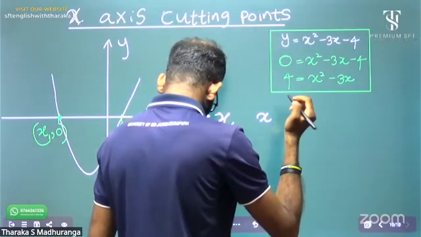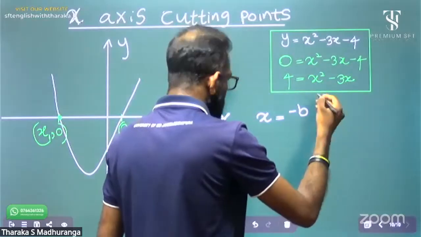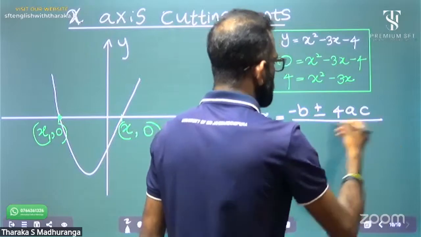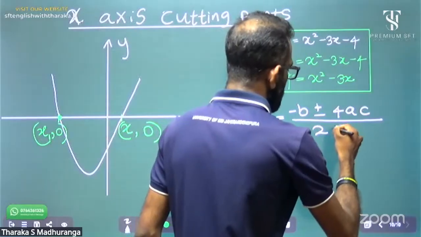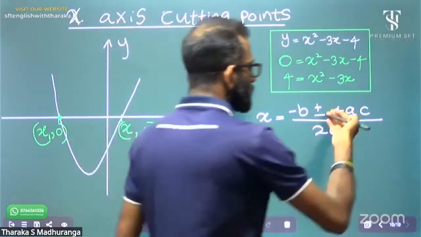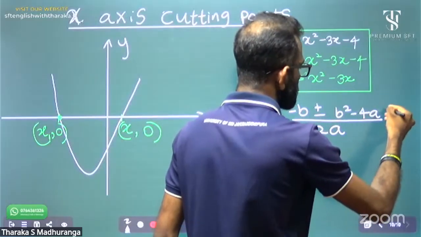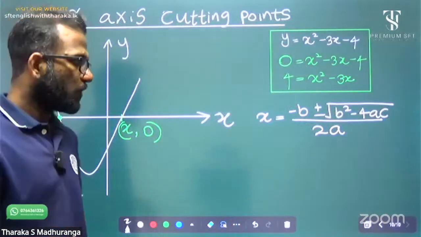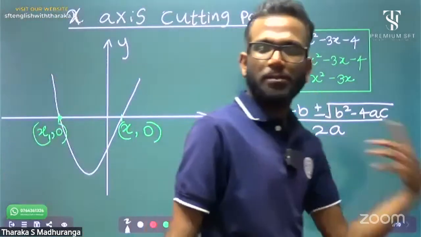X equals minus b plus or minus the square root of b squared minus 4ac, divided by 2a. Okay, this is the equation. It is a short and simple method.